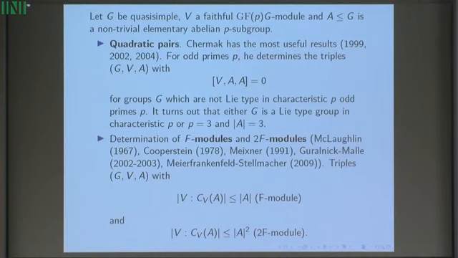And I want to be able to use that. And so I have to do something to make sure I can use it. And the right thing to do is to assume that you're in a minimal counterexample to the classification. Yeah? So a minimal counterexample to the classification will be a group which has every composition factor of every proper subgroup a known simple group.